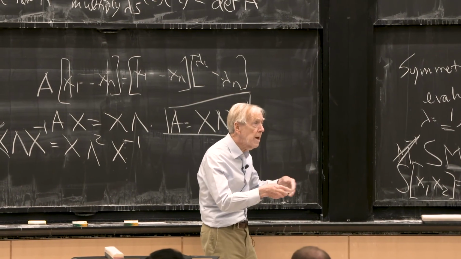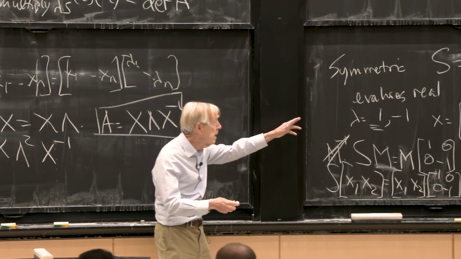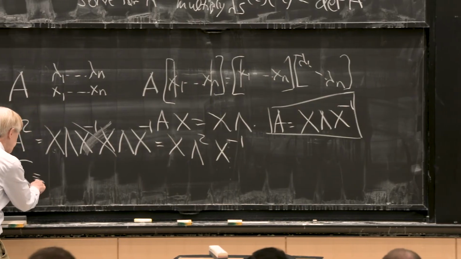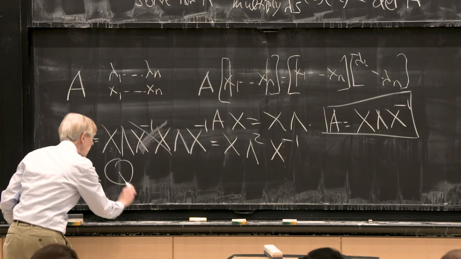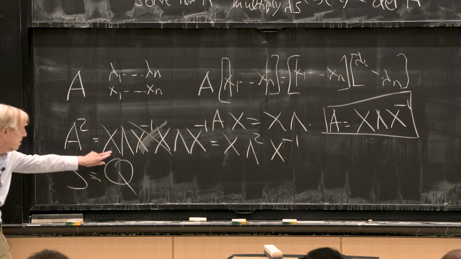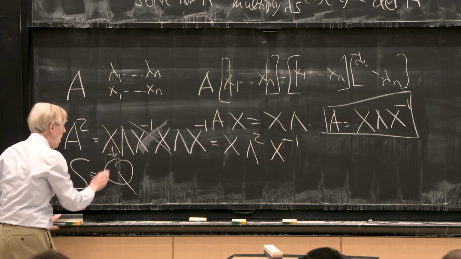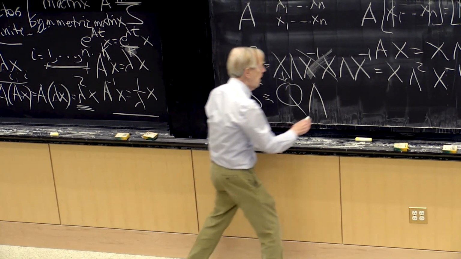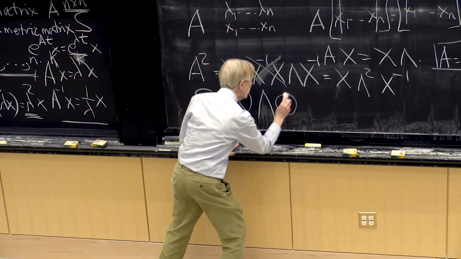How do I see symmetric helping me in the eigenvector and eigenvalue world? Well, it tells me that the eigenvectors are orthogonal. So the X is Q. The eigenvalues are real. And the eigenvector matrix inverse is X inverse.